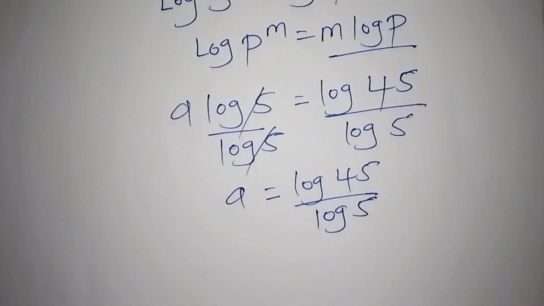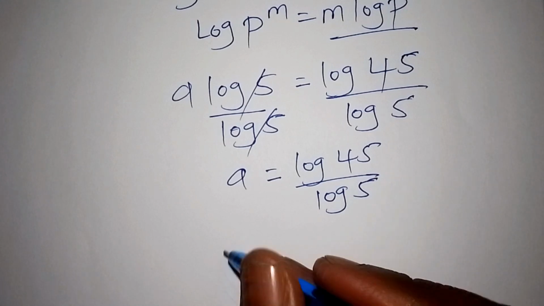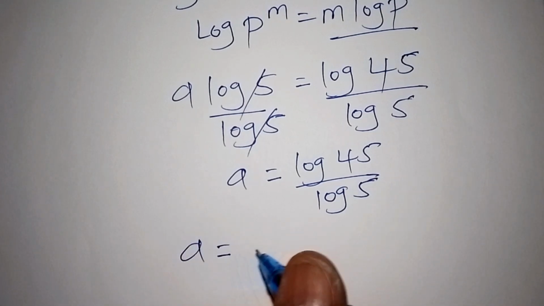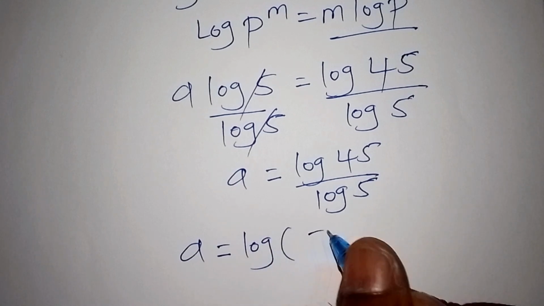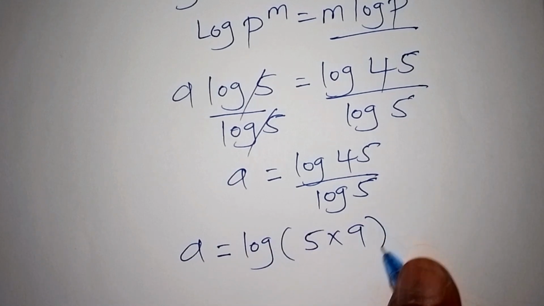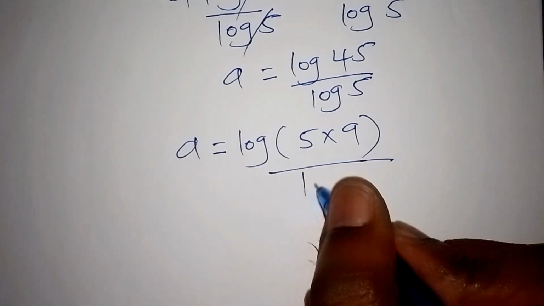We don't stop there. Let's still factorize the log of 45 all over the log of 5. Now a is equal to the log of 45, which can also be written as the log of 5 multiplied by 9, all over the log of 5.